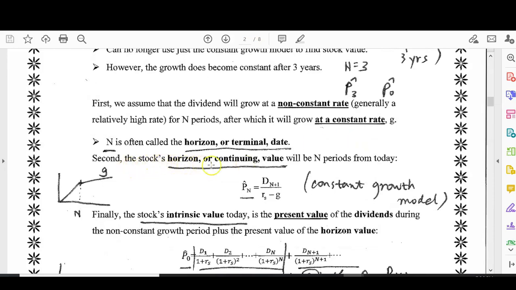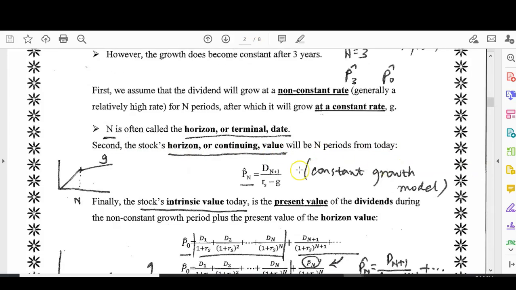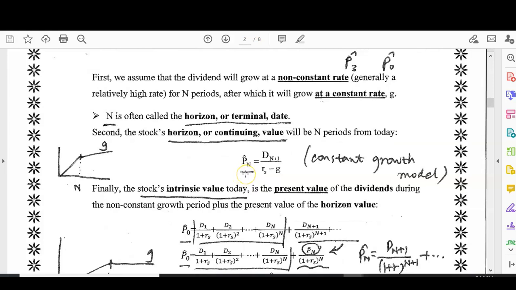Second, the stock's horizon value or continuing value will be n periods from today. Okay, so the stock's value at the horizon date, Pn, is called the horizon value. And for Pn, because after n years it is all constant growth rates, we can use the constant growth model to calculate Pn.